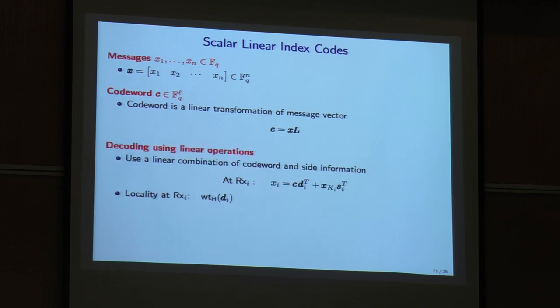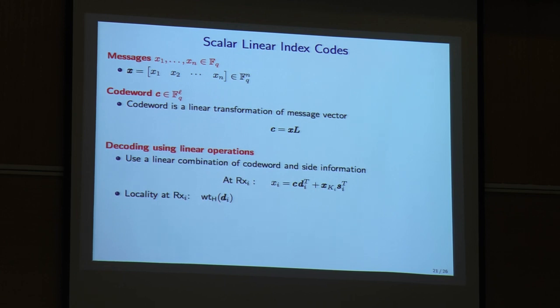The receiver decoding operation is also linear. Now remember that the receiver has two pieces of information. One is the code word itself. Another is its side information. Both of these are row vectors. So you hit them with column vectors, carefully designed column vectors. You get two scalars and then you add them together. Now this is already present in the receiver's local cache.